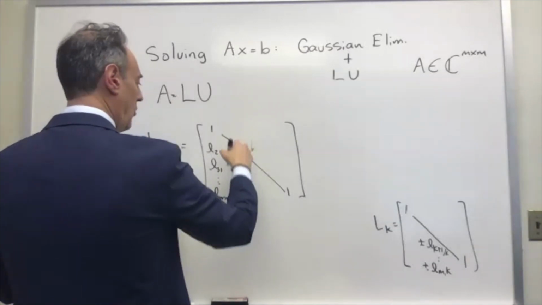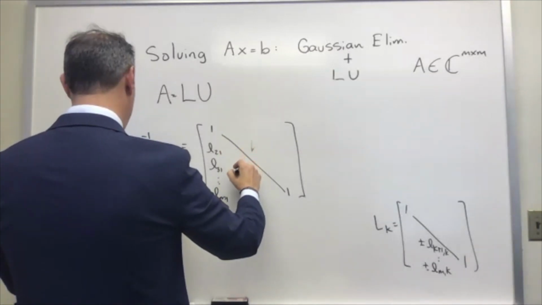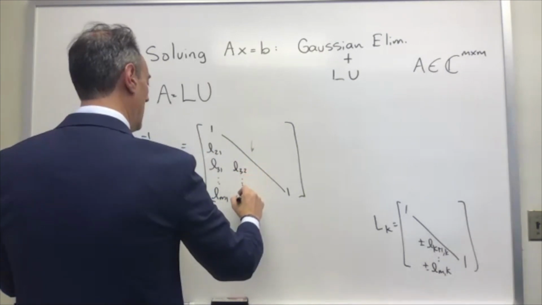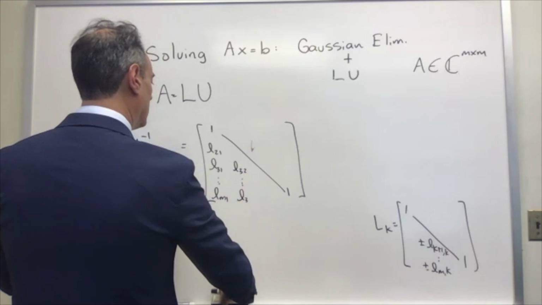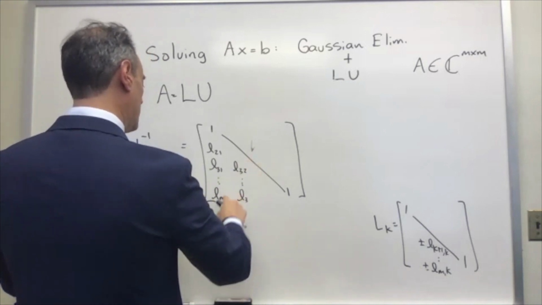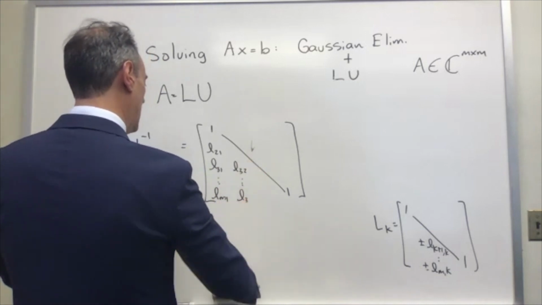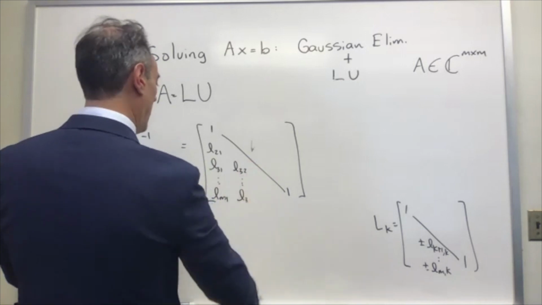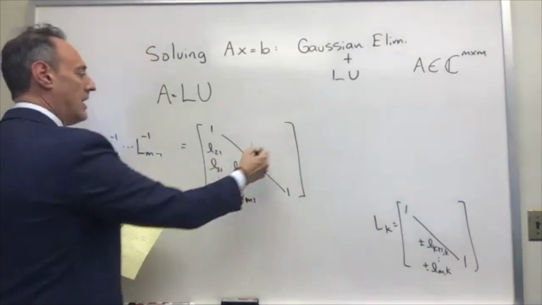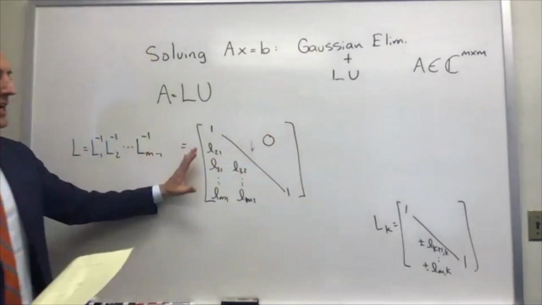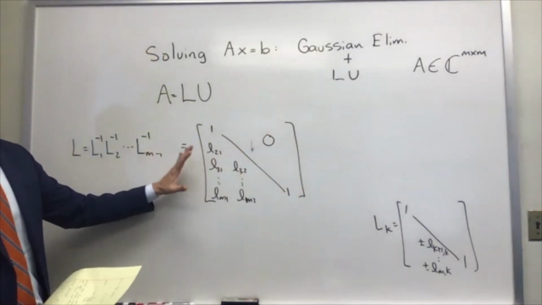Then you have the diagonal 1, and then L3,2, all the way to LM,2, and so forth. And then 0 up here. So this here is the L matrix.